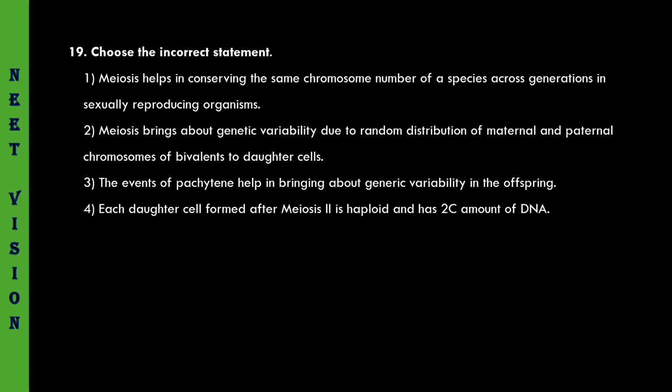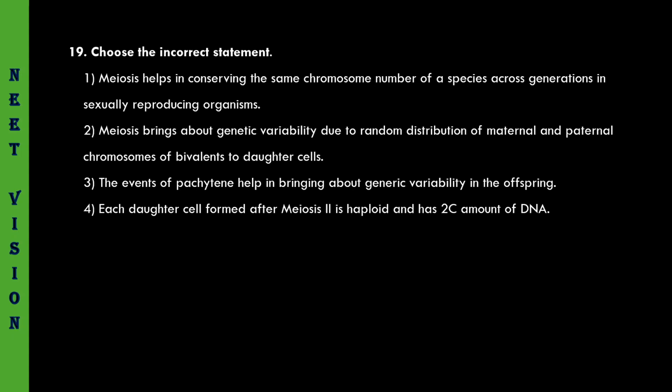So this also brings about genetic variation. So this is also a correct statement. The event of crossing over helps in bringing about genetic variability in the offspring. Yes. The exchange of genetic material or DNA between maternal and paternal chromosomes of a bivalent also brings about genetic variability. The third one is also a correct statement. Naturally, the fourth one must be the incorrect one.